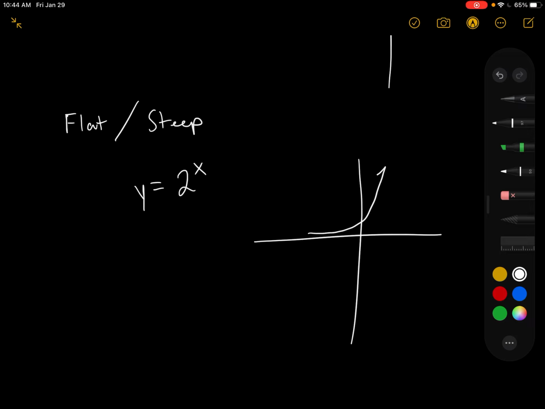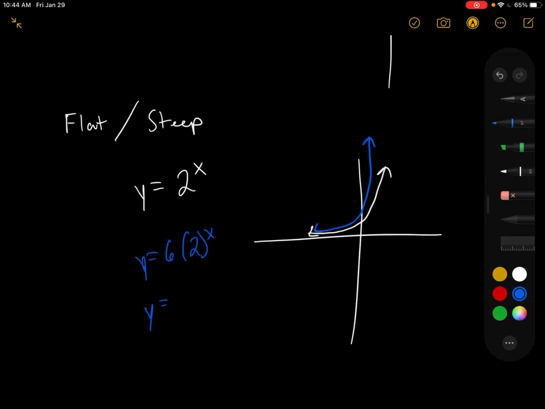The last thing that we're going to see here is if you put a positive number in front of it, so something like y equals 6 times 2 to the x, it's going to be the same function, but again, they call it compressing, but I always think of it just gets a lot steeper. It just goes up faster. So again, same basic shape, but just goes up faster.